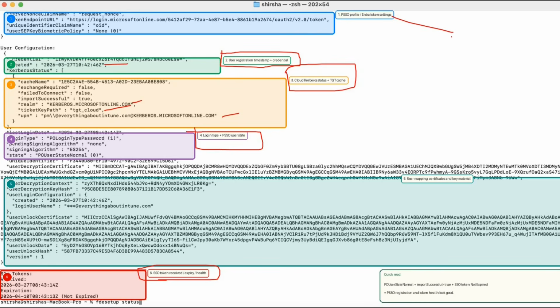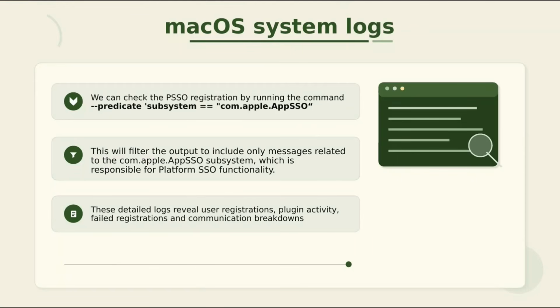And over here, this is also showing the flavor of PSSO. This is showing the object ID of the user, which ties to this, as we had seen over here. And this is the tenant ID from which the device has received the PSSO profile. All right.